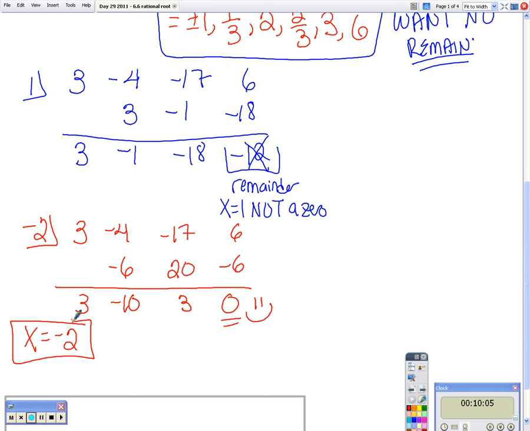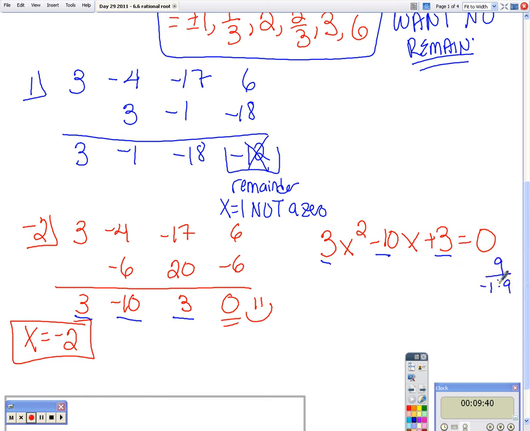To find the other zeros, we can solve the remaining quadratic. These values are the coefficients of my new formula to factor. And I'm going to have to split the middle, so 3 times 3 is 9.